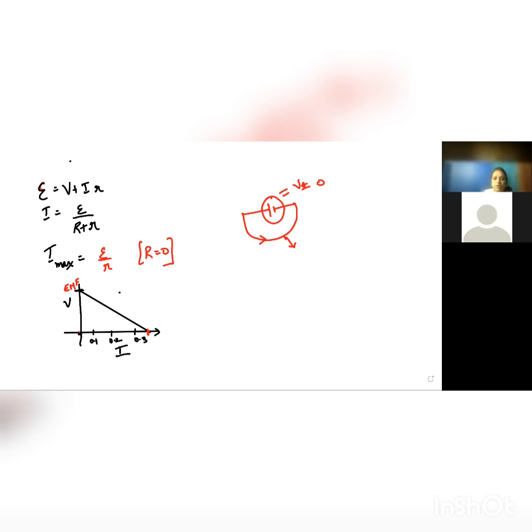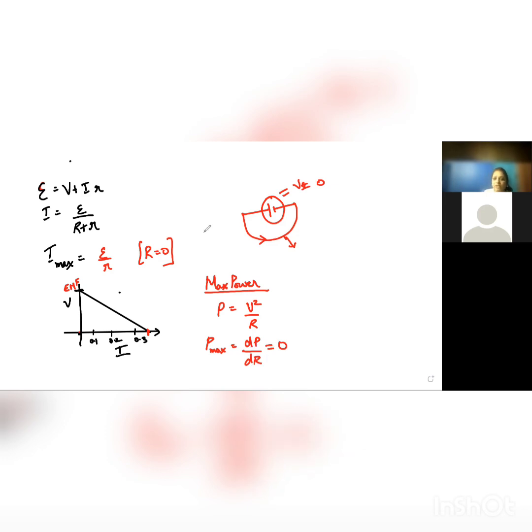Now there's one more topic, maximum power that I can get. Maximum power in the circuit. So we know P is equal to V squared by R. P max is when dP by dR is equal to 0, the value of R when dP by dR is equal to 0.